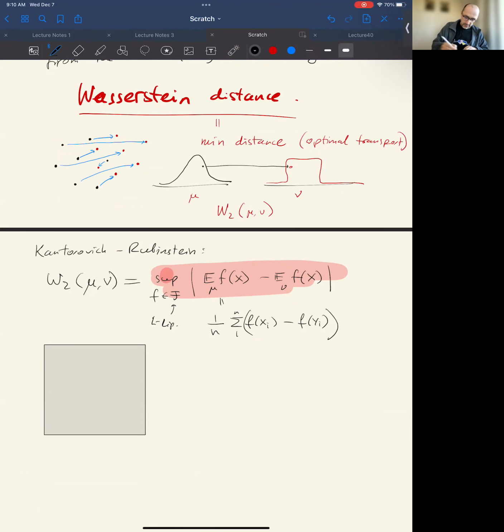On the square, you take two independent samples, let's say from the uniform distribution. Just like this. I took two independent samples, and the question is, how do we marry them? What's the Wasserstein distance? I want to transport black to red in the best way. And that's what we did, actually.